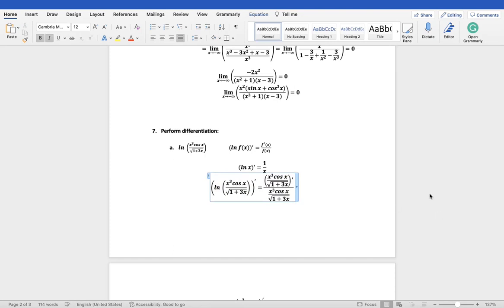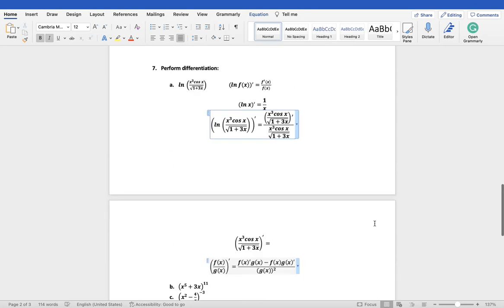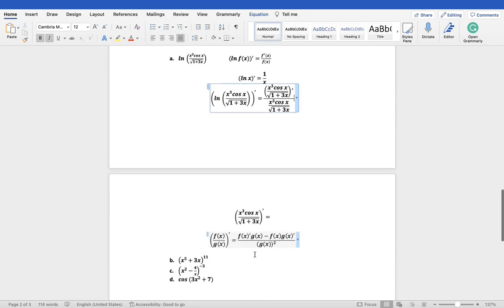So I saw a hand raised. Can you ask the question? Say I want to ask if I will be wrong if I split ln of x cubed cos x all over root of 1 plus 3x into ln of x cubed cos x minus ln of root of 1 plus 3x.